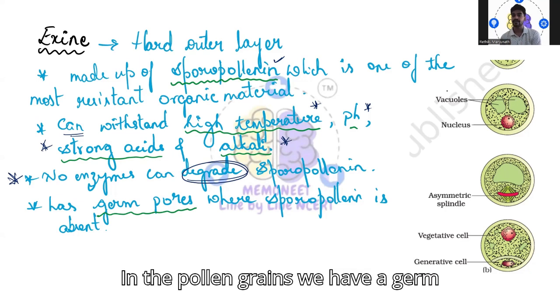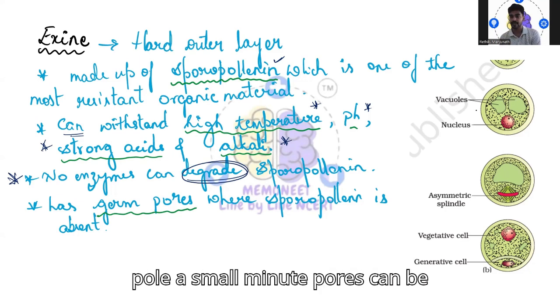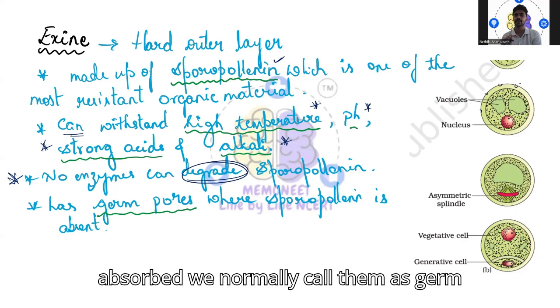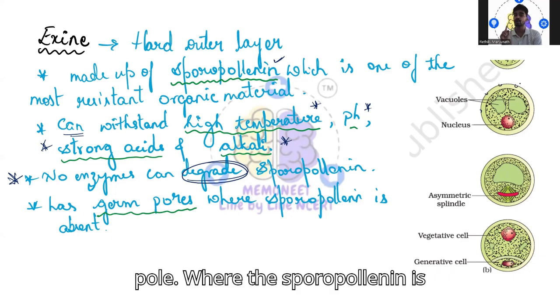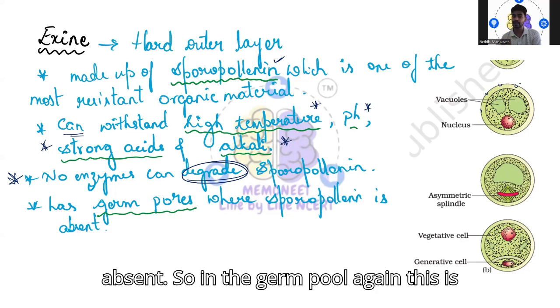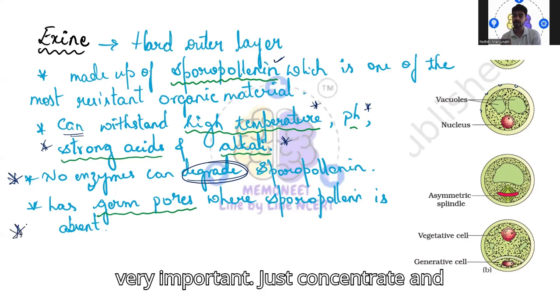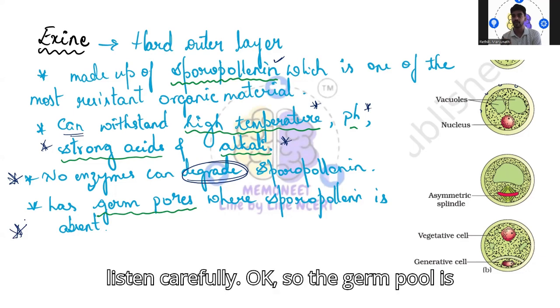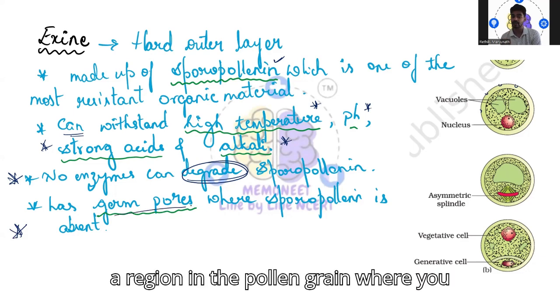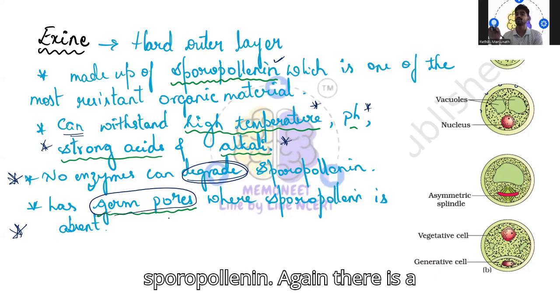In the pollen grains, we have a germ pore, small minute pores that can be observed. We normally call them germ pores, where the sporopollenin is absent. This is very important, so concentrate and listen carefully. The germ pore is a region in the pollen grain where you won't see the presence of sporopollenin.